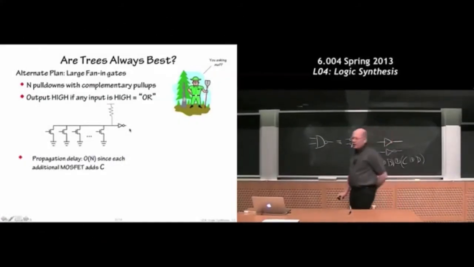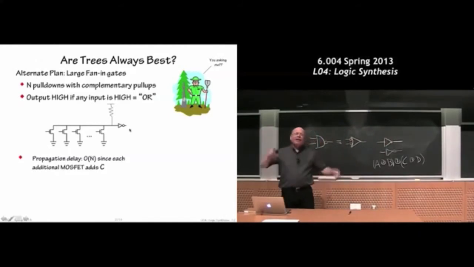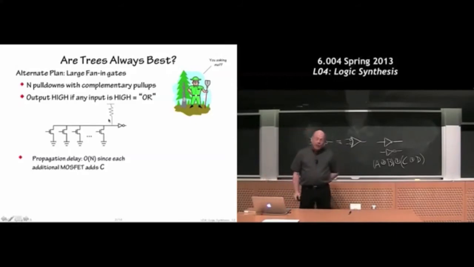Okay, so the question is, when do we stop building really wide fan-in gates, either using this tricky technique of getting rid of the pull-up circuit and only putting in the pull-down circuit, which is a static logic that has some static power dissipation, or just using more and more FETs? And when do we just build a tree of 2-input gates?